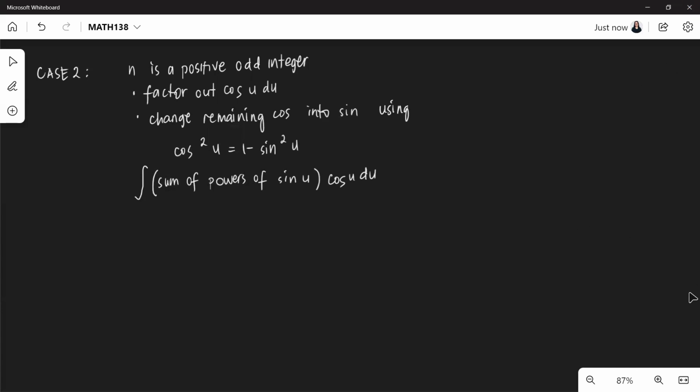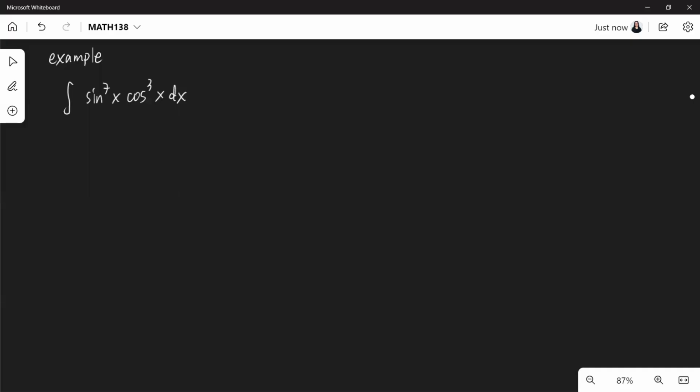So for example, supposing we have the same example as case number 1. We can apply case number 2 as well, because it says the exponent of cosine must be a positive odd integer, and 3 is a positive odd integer. So let's apply case 2 and see if we'll get the same answer.